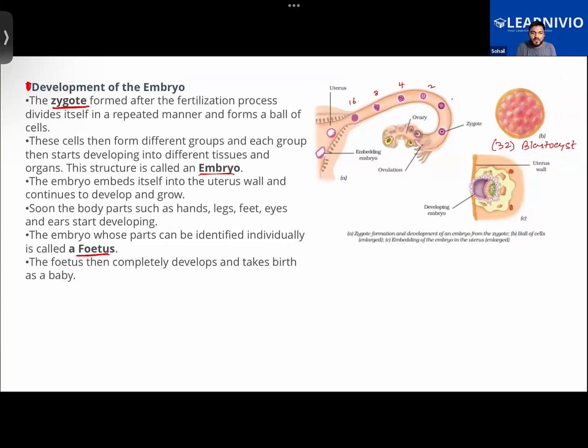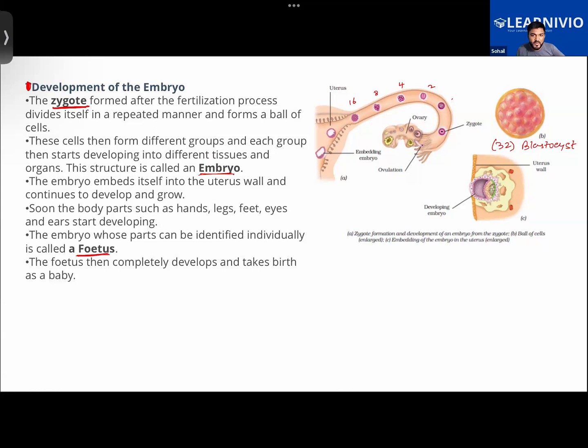Furthermore, the cells present in this ball-like structure will be forming different groups, and each group will start to develop into different tissues and organs.